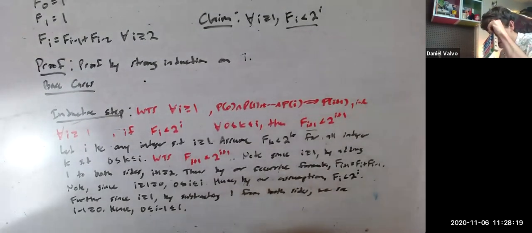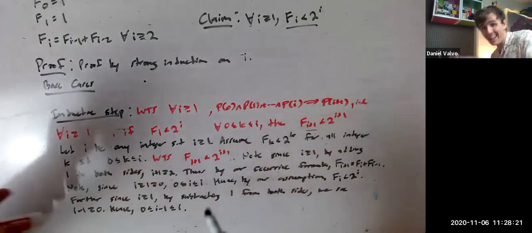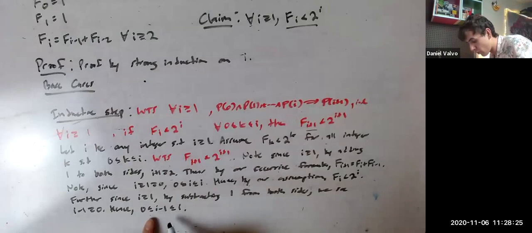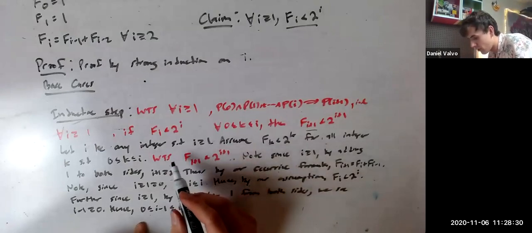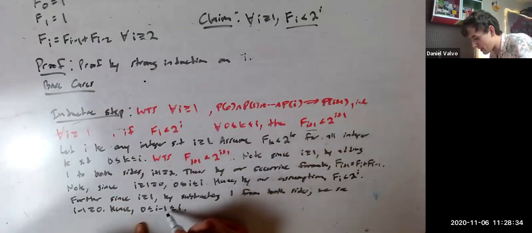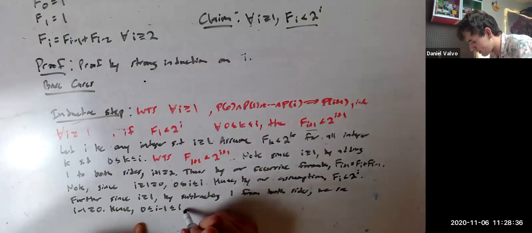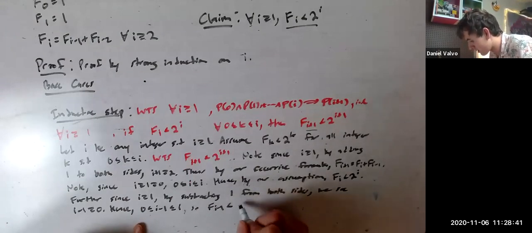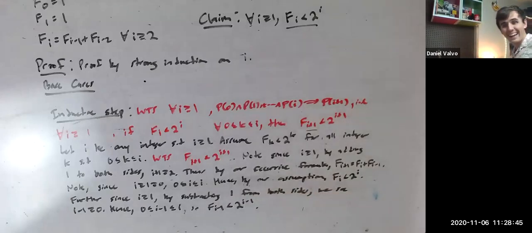Why is that important? Because it's the inductive assumption. We are assuming that for all k between 0 and i, f of k is less than 2 to the k. So since i minus 1 is between 0 and i, f of i minus 1 is less than 2 to the i minus 1. And now we have literally everything we need, and we are good.